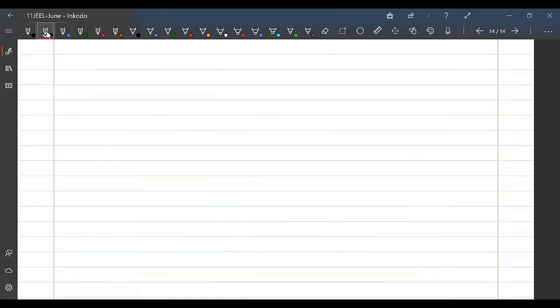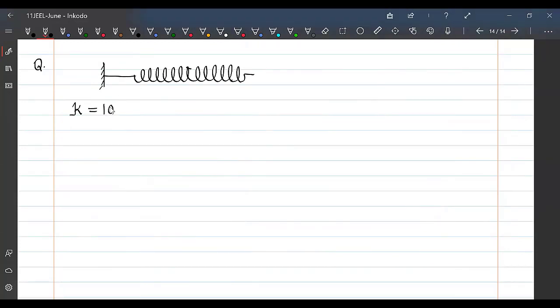So I'll do some questions based on this. Think of it like this. Suppose there's a spring and the spring constant is given. Spring constant is a property of the spring. It is defined for a spring. Suppose the spring constant is 100 Newton per meter.